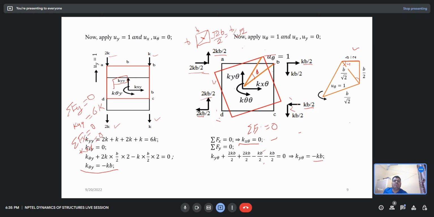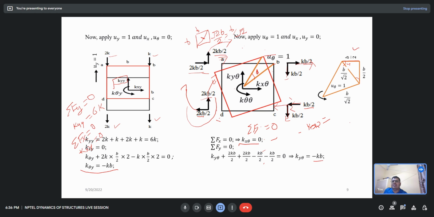Now the forces developed produce moments in the clockwise direction. These two forces also develop moments in the clockwise direction, this force also, this force also, and this is also in the clockwise direction. So all these forces develop moments in the clockwise direction. So that would be k theta theta is equal to this kb by 2, this 2kb by 2, which becomes 3kb by 2.